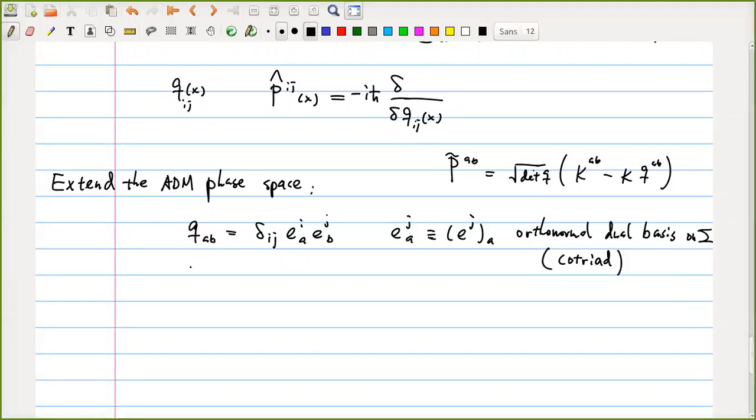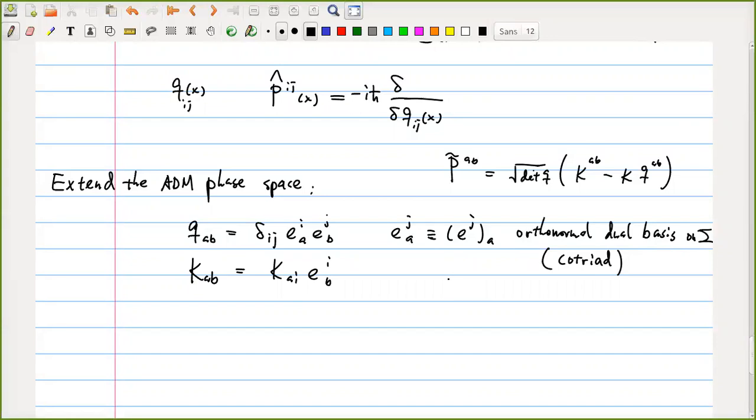Okay, so now we can write K_AB to be K_A^I e_IB. Which means that for the second tensor slot, I expand using the orthonormal basis, right? So by the way, here we get the orthonormal dual basis.